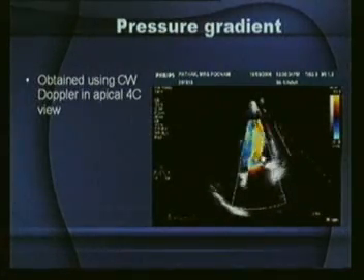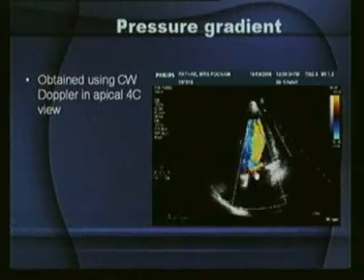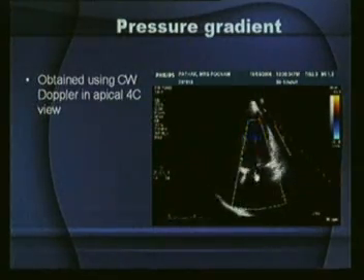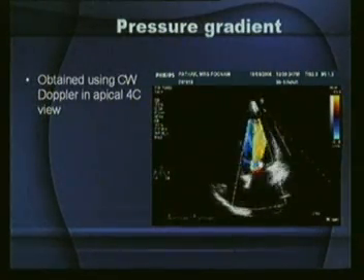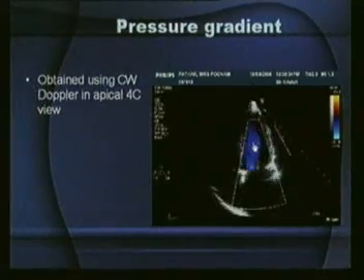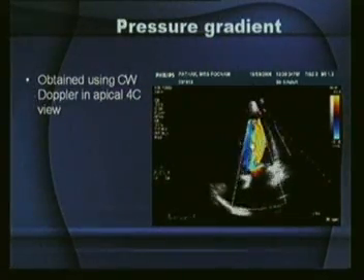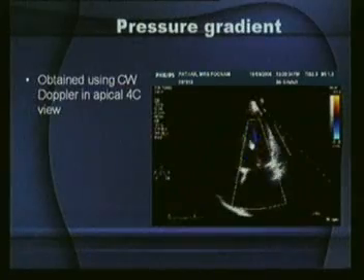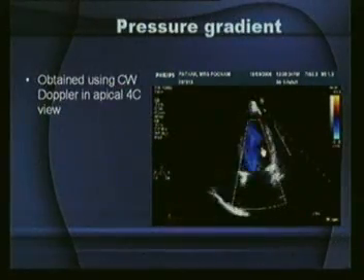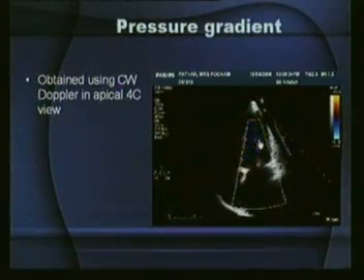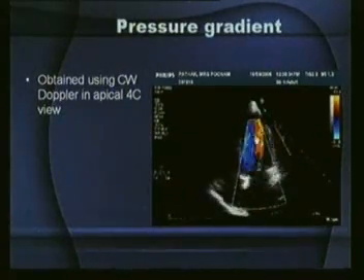So this is the valve here, and from the valve, the red blood cells come from the LA to the LV. Because the valve is stenosed, this is not a laminar flow, right? If ever there is an example of turbulent flow, this is turbulent flow. Once you have seen it, you can never forget it, right?